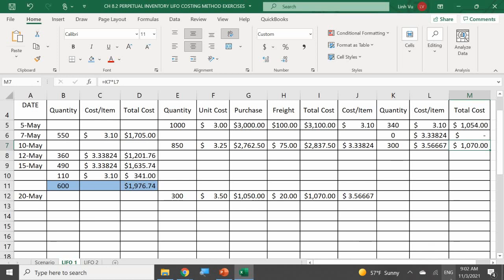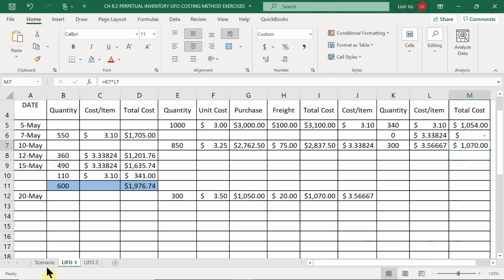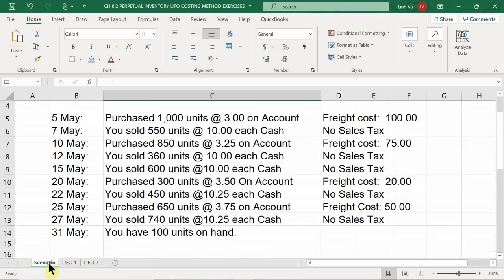You're going to go as you go. Now that I purchased something new, I have a third batch of inventory. That means I'm going to eliminate that one first, and keep going until I reach the end of the accounting period.